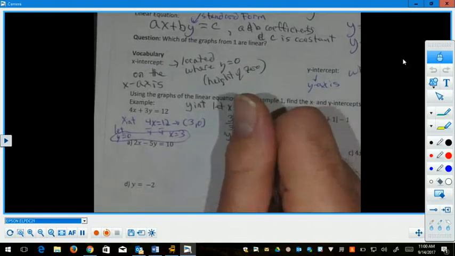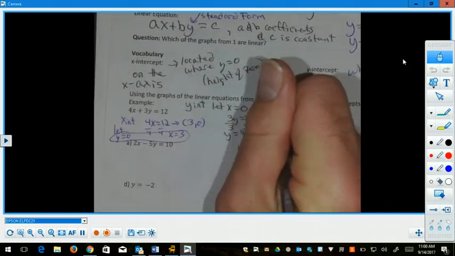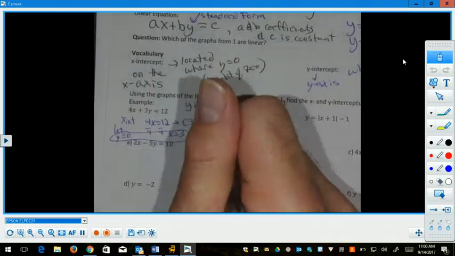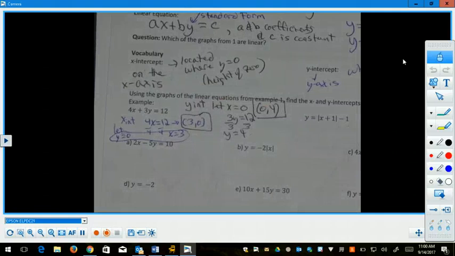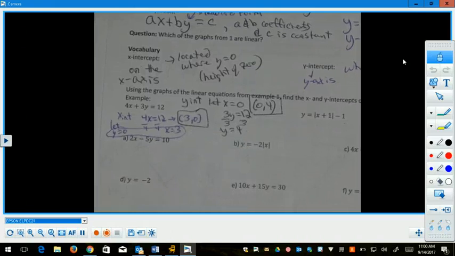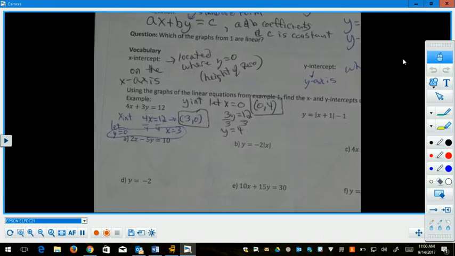So this, as an ordered pair, is 0, 4. I have my y-intercept, I have my x-intercept. I only need 2 points, so if I were graphing this, I could plot 3, 0 and 0, 4 and connect them to make my line and be done. Don't have to make a table. Don't even have to solve for y to get it by itself.